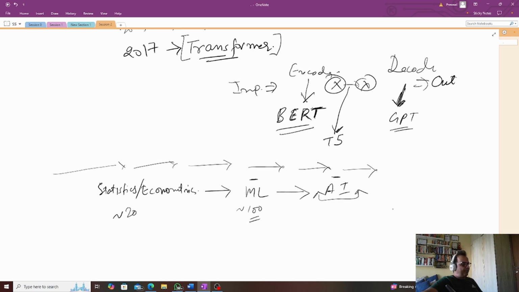As of today, they don't disclose the size of the model, but when people do some kind of reverse engineering, the latest GPT models are more than 1 trillion parameters. So these models are gigantic.